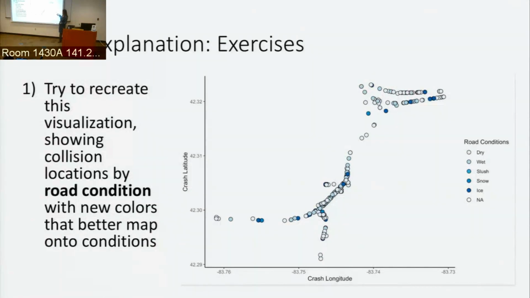So what I want you to try to do is, without me showing you, recreate this specific visualization. A couple things to note here. If you try this and you don't reorder the variables going from driest to ice, it's going to do it in alphabetical order, right? So you have to reorder the levels to be in this specific order. And then what I've also done is use a color gradient that maps a little better, going from dry being the lightest color blue to ice being the darkest color blue, instead of those random colors that ggplot defaults to.